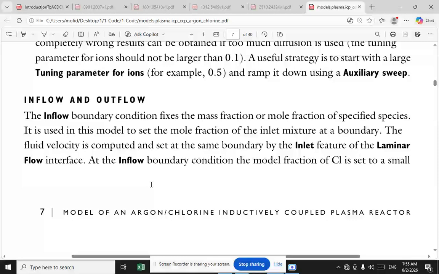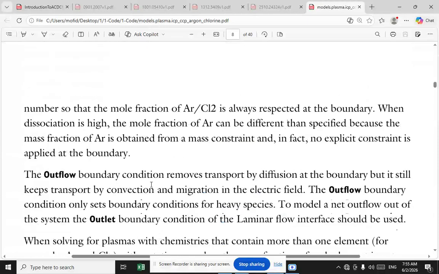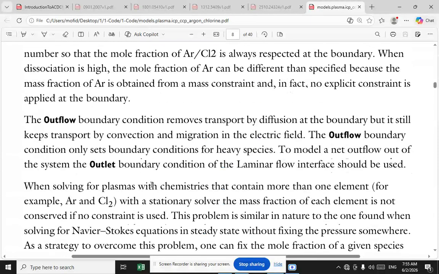At the inflow boundary condition, the mole fraction of chlorine is set to a small number so that the mole fraction of argon and chlorine is always respected at the boundary. When dissociation is high, the mole fraction of argon can be different than specified because the mass fraction of argon is obtained from a mass constraint, and in fact no explicit constraint is applied at the boundary.